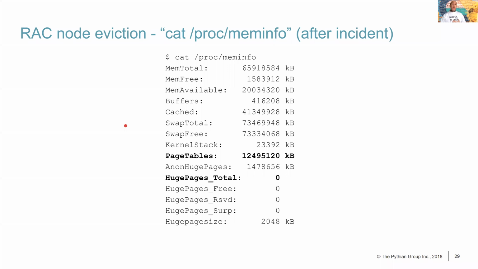So the node came back afterwards, and after the eviction, it joined the cluster again, and we took a look at the memory info. And as you can see, we have quite some page tables here. That's roughly 12 gigabytes, no huge pages at all.